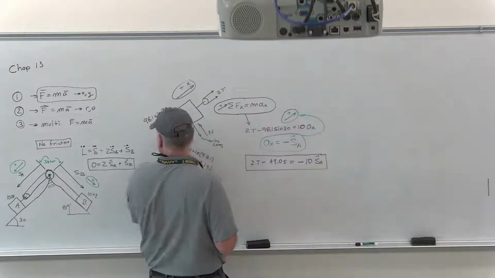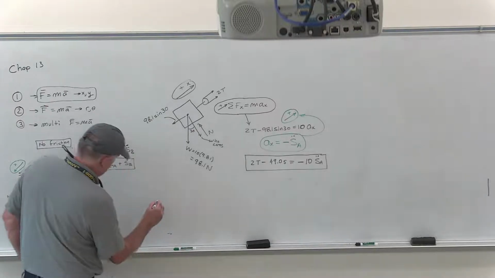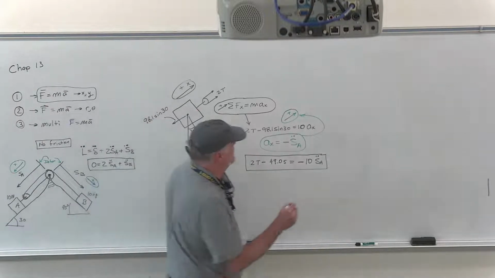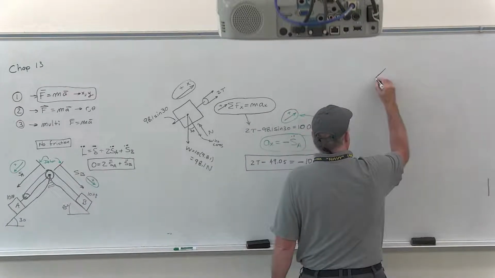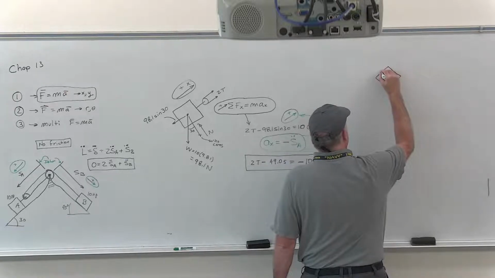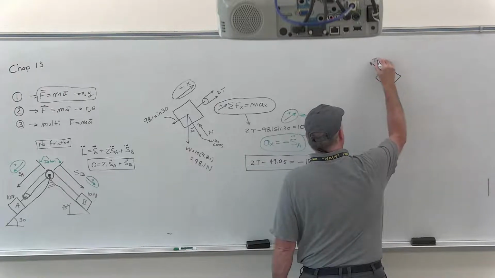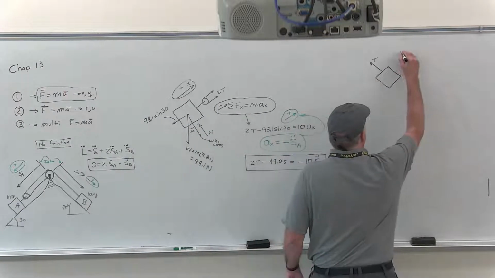So now I do this drawing for this one on the right. Maybe I can put it right here. It's 45 degrees. So it's got a T this way. Now I'm going to mess with you because now I'm going to assume this to be positive.